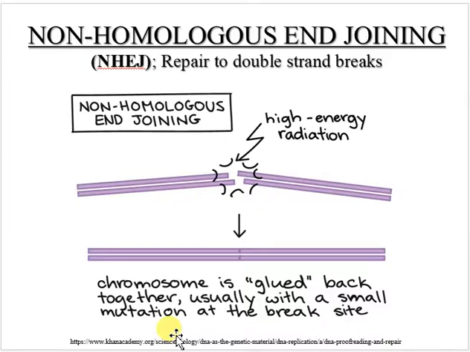So non-homologous end joining tends to actually produce a mutation, but this is better than the alternative, which is the loss of that entire chromosomal arm. It can also lead to the creation or elimination of chromosomes, which can then lead to speciation. So that can either be a good thing or a bad thing.